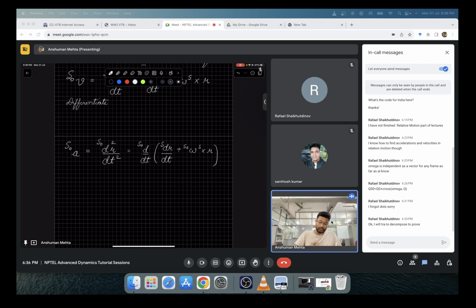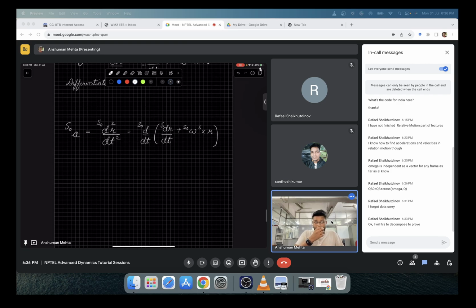So this is kind of change of velocity. So it's a compound function, which can be simplified.